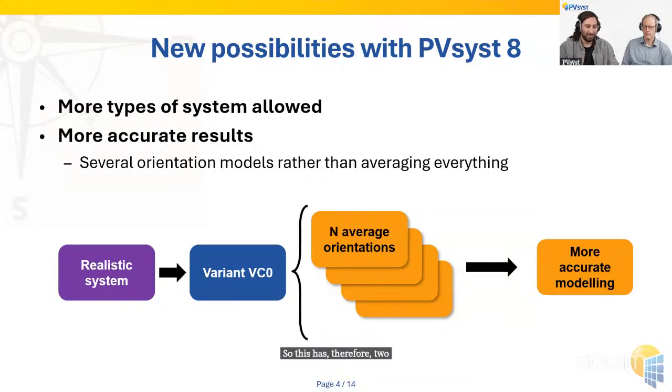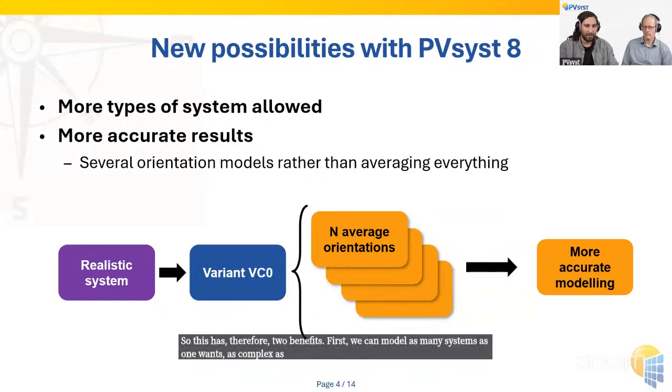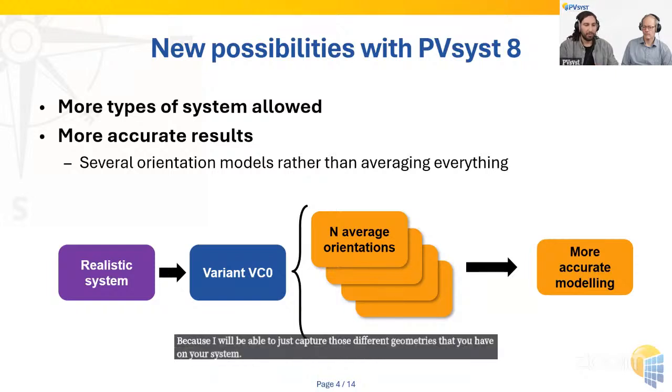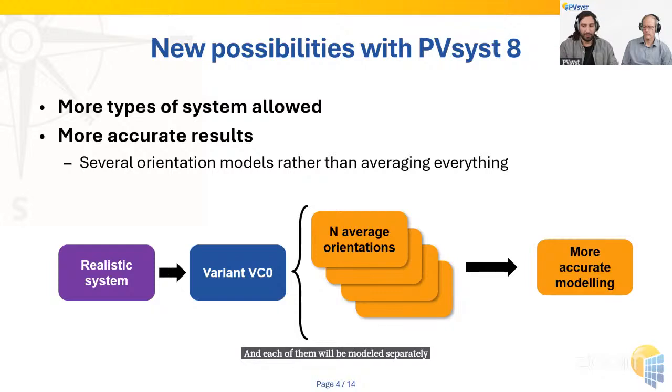First, we can model as many systems as one wants, as complex as one wants. And also the results will be more accurate because we'll be able to capture those different geometries that you have on your system. Each of them will be modeled separately with an orientation. So in the end, we won't be averaging and making some average error.